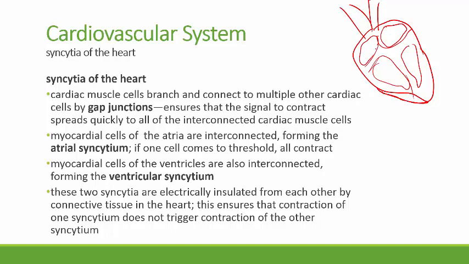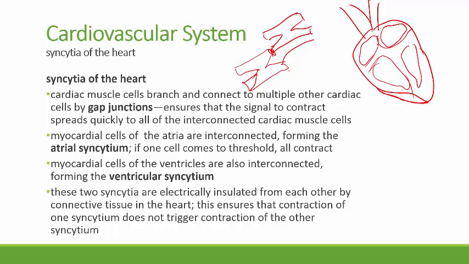It turns out, again, because cardiac muscle cells branch, if you remember my cheesy drawings, cardiac muscle cells always look like this with these branches. And the branches were connecting multiple cardiac muscle cells together so that they have these areas of gap junctions.